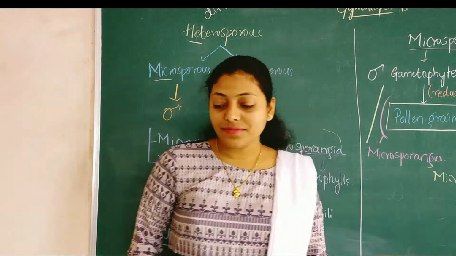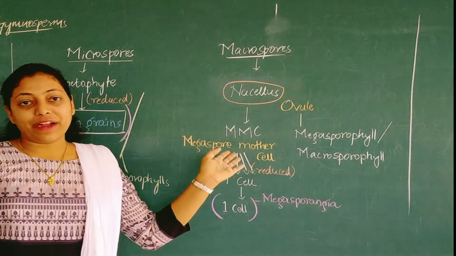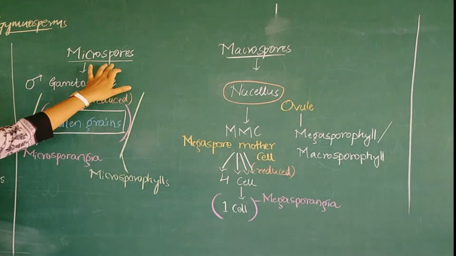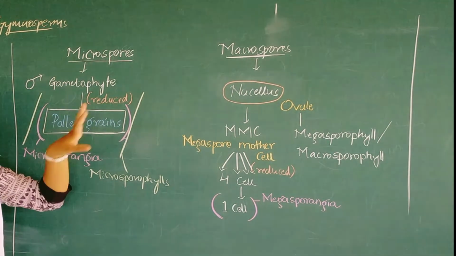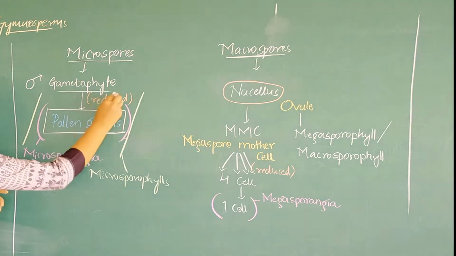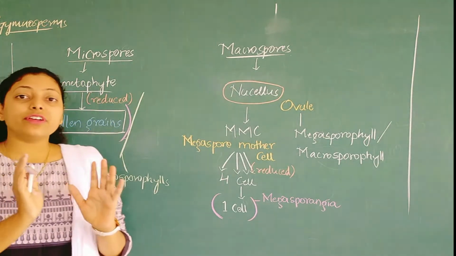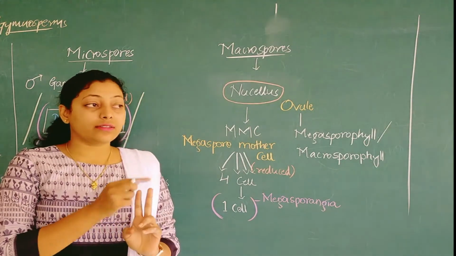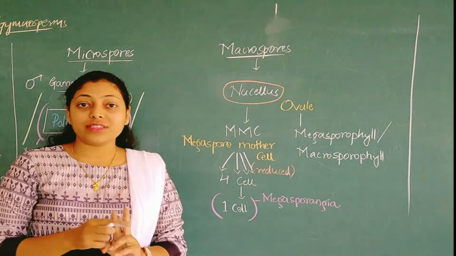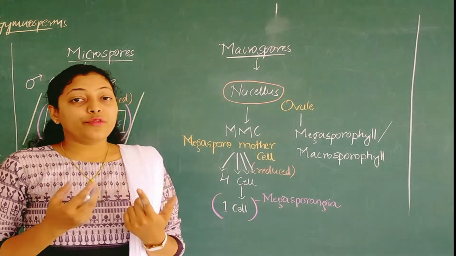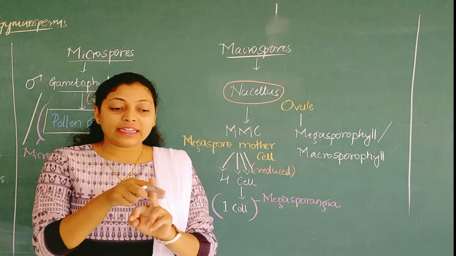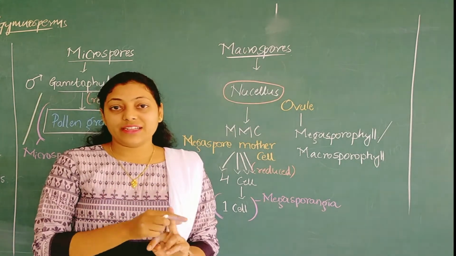Is it clear? So now coming back to the next part. I have told you that the microspores are called the male gametophyte. Remember, in concern to the reproductive system, we have heard two words: sporophyte and gametophyte.